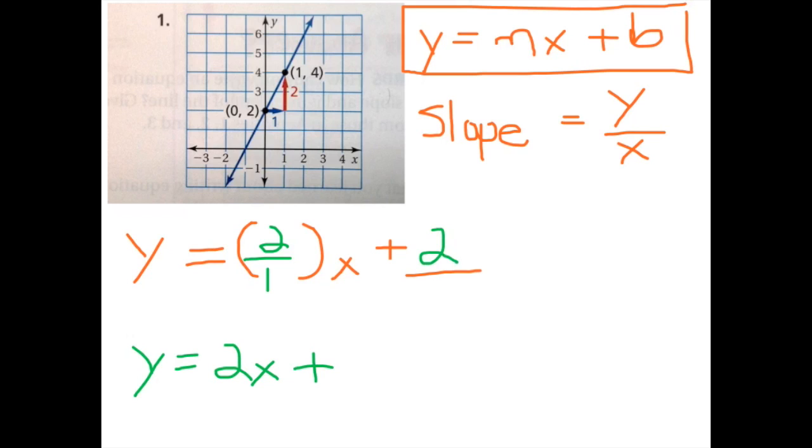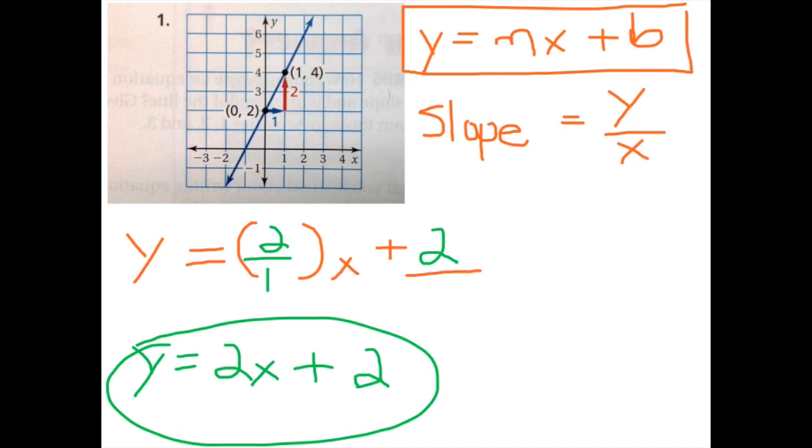We can write that down and finish our equation, and that will be y equals 2x plus 2. Please note that all I did to get this equation was plug in the numbers from this coordinate plane into this equation right here, our slope-intercept equation.